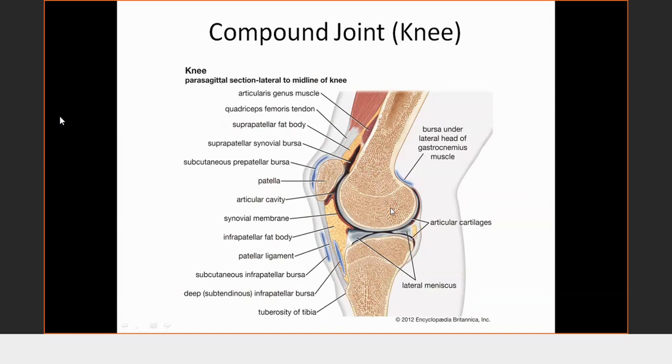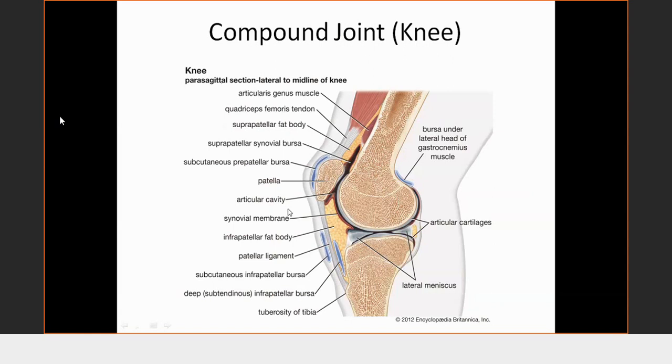Now this is the knee. In the knee, the upper bone is the lower end of the femur, and the lower bone is the tibia. Then there is another bone, the kneecap, that is known as the patella. So three bones are involved here.